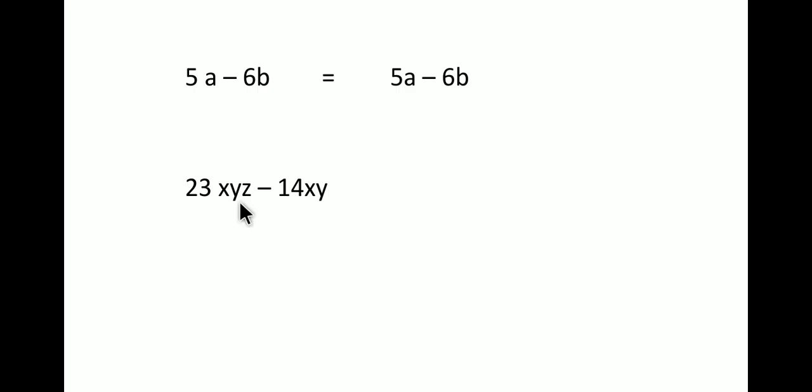If they are not like terms, then just like above, we write them as unsimplified, that is as 23xyz minus 14xy. So wherever there is addition or subtraction of unlike terms, those expressions are written as they are without further simplifying them, because they cannot be simplified.